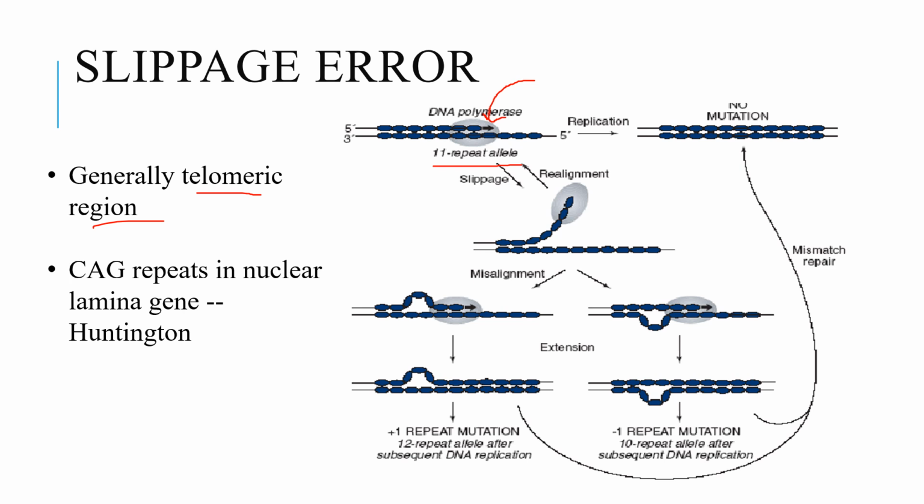Somehow DNA polymerase slips and falls, and sometimes it happens that the DNA polymerase falls down, and when it is reloaded back, because of the repetitive sequences of the telomeric region, DNA polymerase may get confused about where to attach, because all the sequences are similar, they are repetitive sequences.